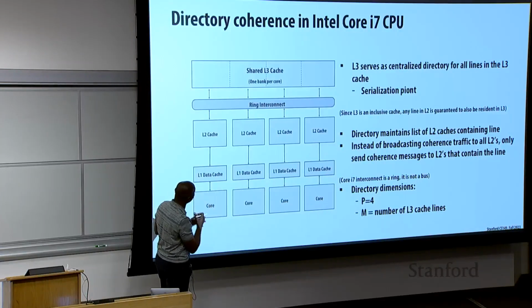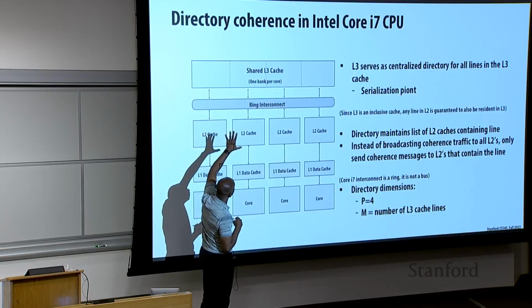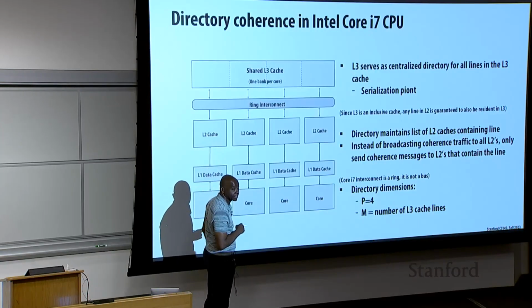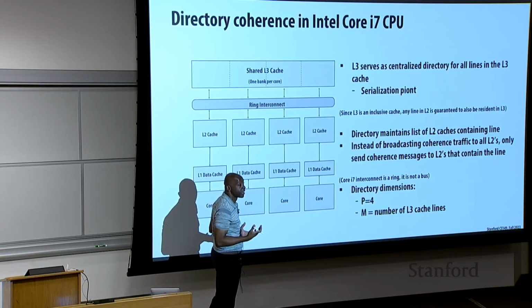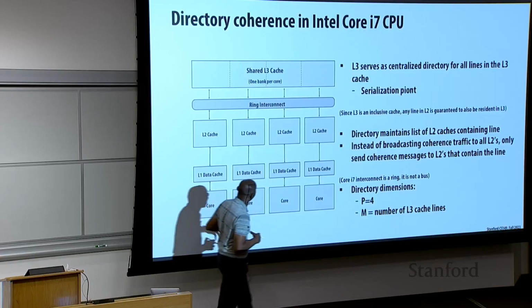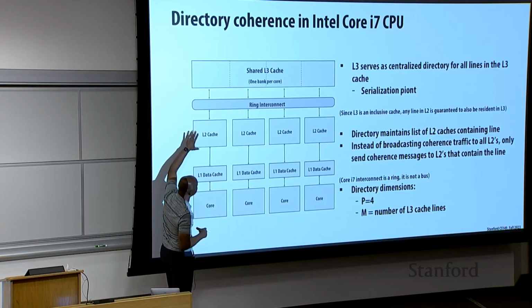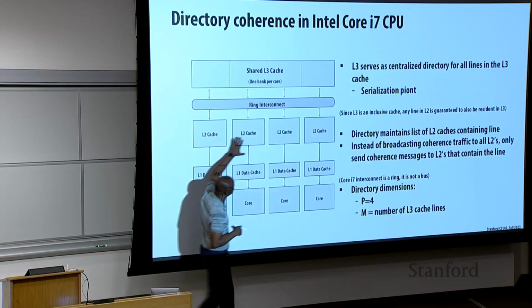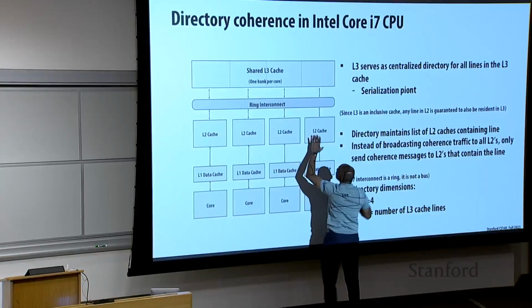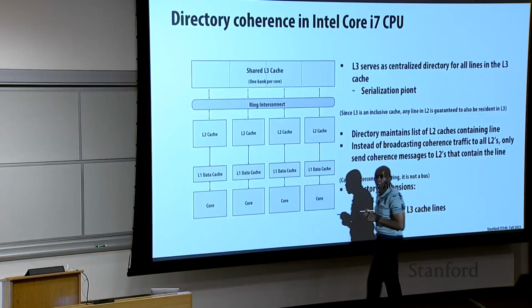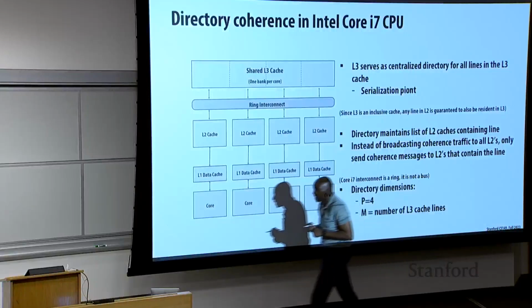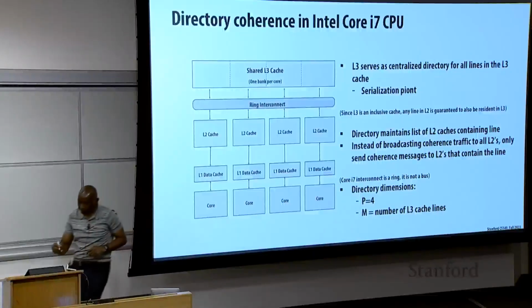And it's also, of course, more scalable. What we have is a directory associated with the L3 cache. For this to work, we have to guarantee that every cache line that could be in any of the L2s will also be in L3. This property is called inclusion.